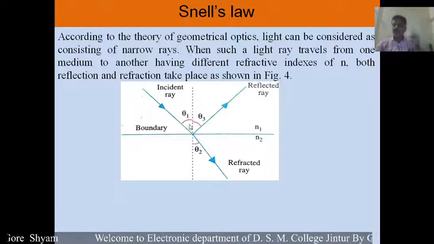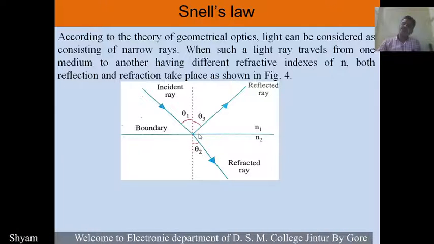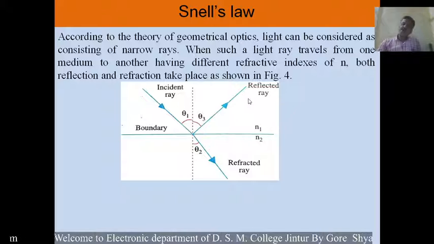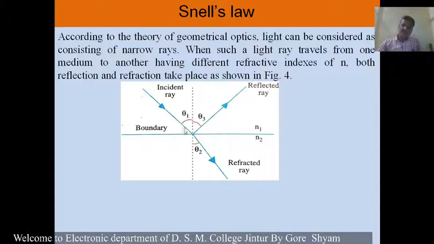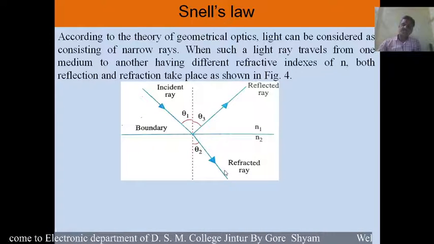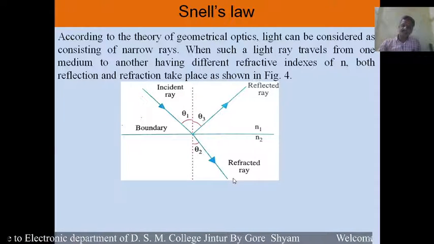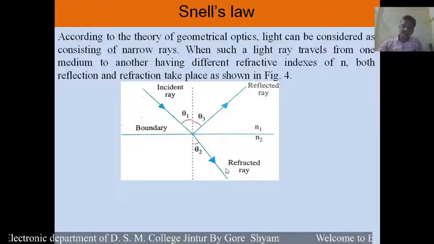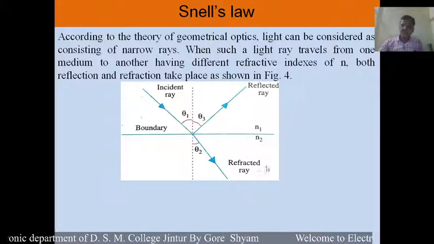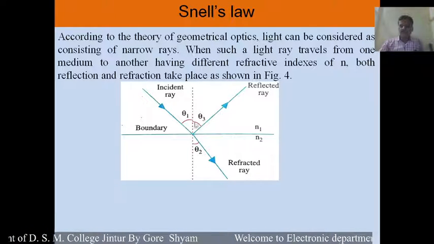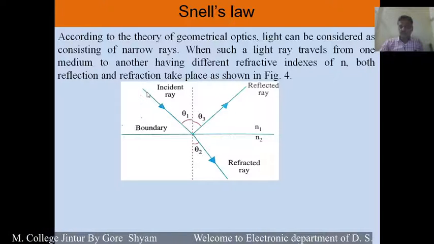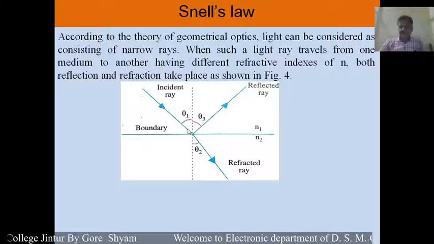Okay, and the light which comes back into the same medium is known as the reflection, and the light which is transmitted to another medium or travels through another medium is known as the refracted ray. And here the angle which is made with this normal by the incident ray is theta 1.